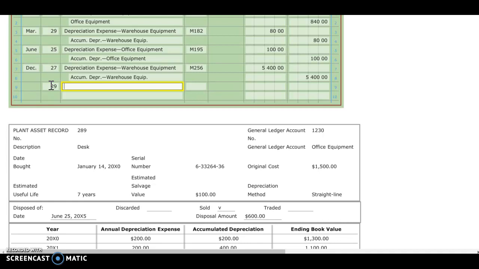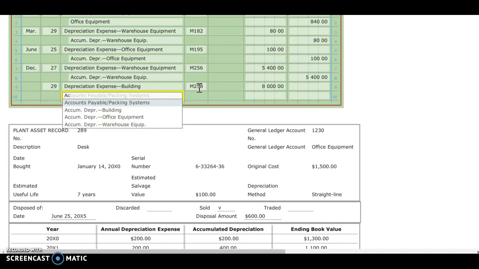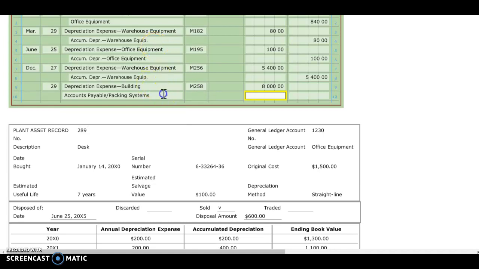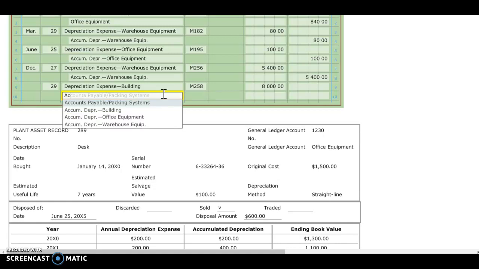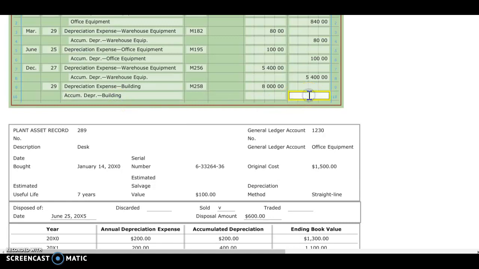And I figured out that last year to be depreciation of $8,000. So that's what I need to put in. So depreciation expense building, memorandum 258, and that's going to be $8,000 debit. And then I'm going to credit accumulated depreciation building for 8,000.